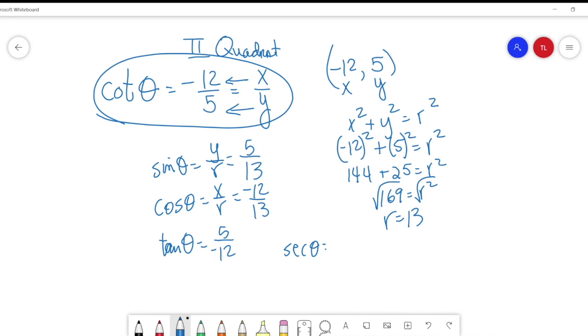Now, do y'all remember secant is r over x? That's what? 13 over negative 12. Cosecant. All right, there it is.